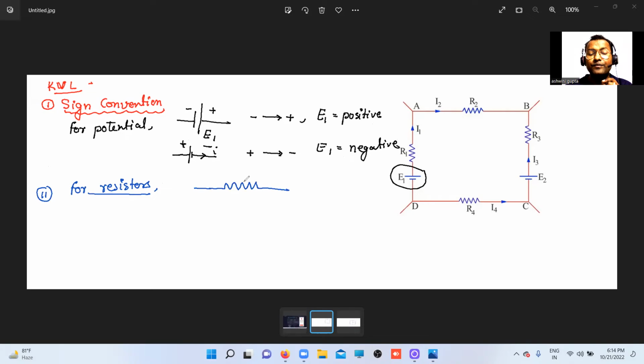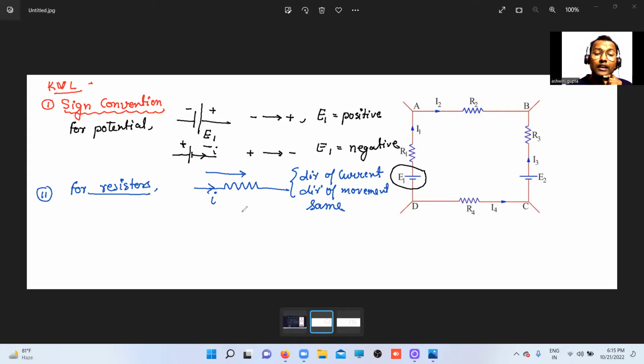If the direction of current is like this and we are moving in the loop in the same direction, suppose the direction of movement and the direction of current are both the same.